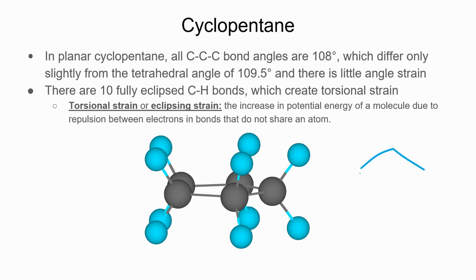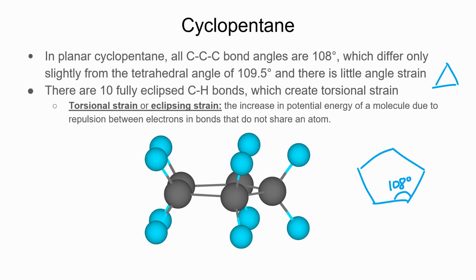So just imagine your perfect pentagon is going to have all bond angles of 108 degrees. And that differs only slightly from 109.5 for tetrahedral. So that sounds pretty good. Not so much angle strain. When we think angle strain, think cyclopropane. That strain, the strain from having tiny angles, or too big of bond angles too.